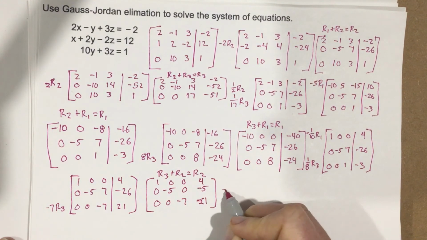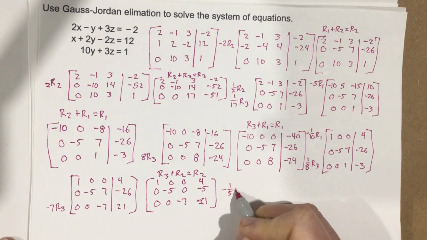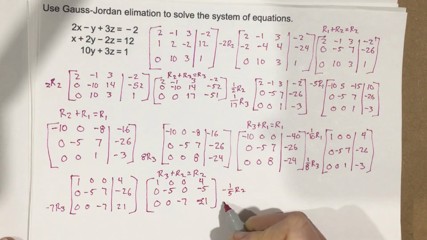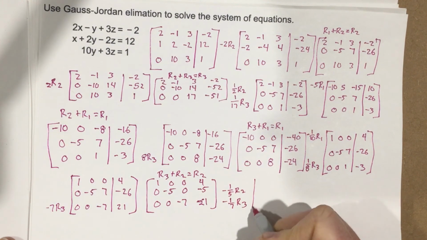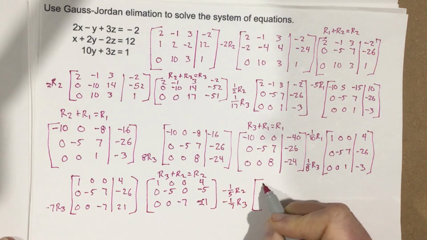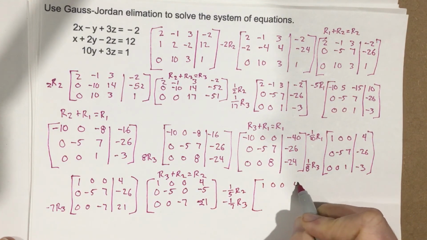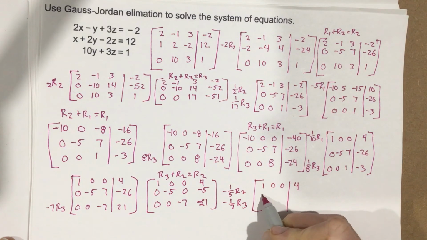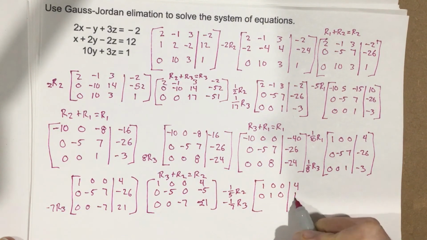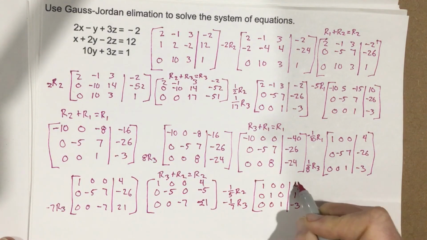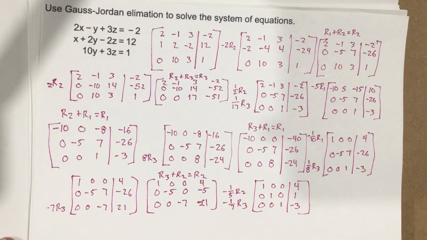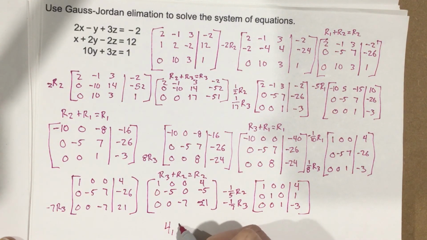Last step, we're going to take negative 1/5 R2, and negative 1/7 R3. 1, 0, 0, 4 on top. 0, 1, 0, 1, 0, 0, 1, negative 3. So our solution is 4, 1, negative 3 using Gauss-Jordan elimination.